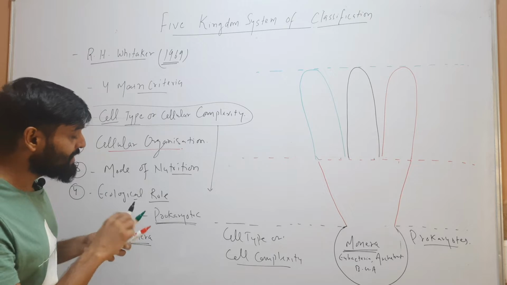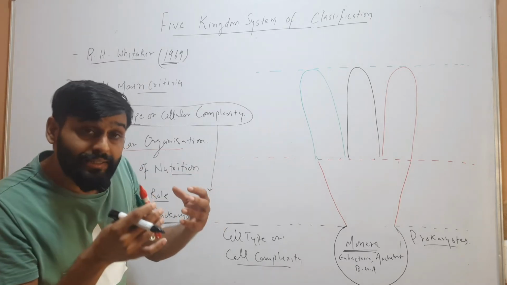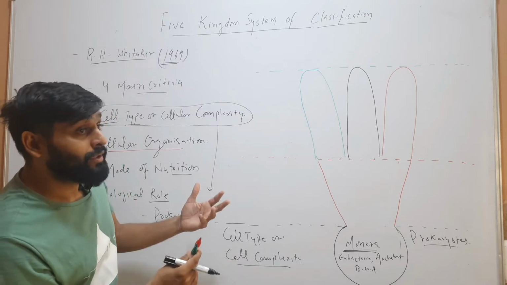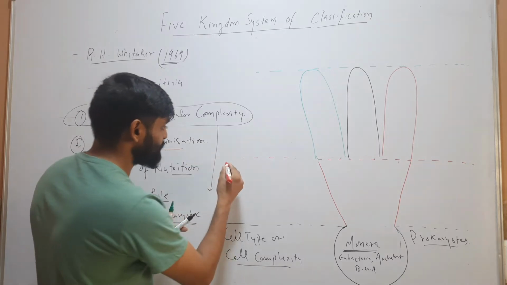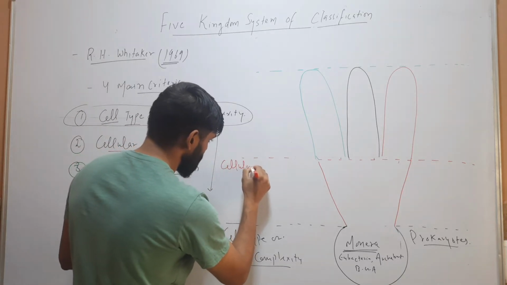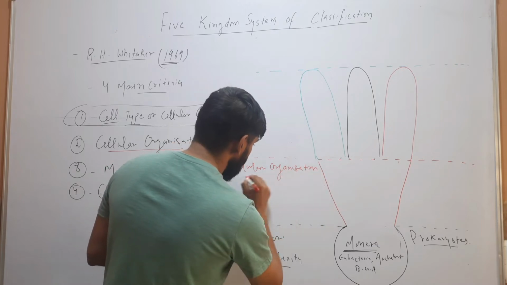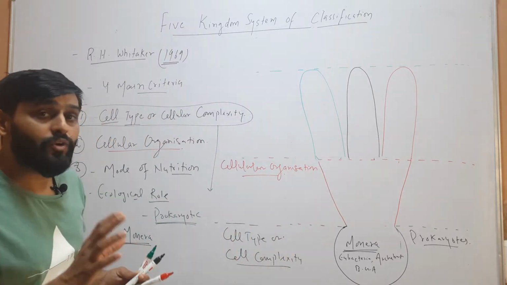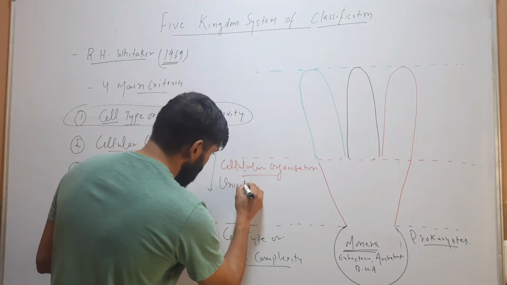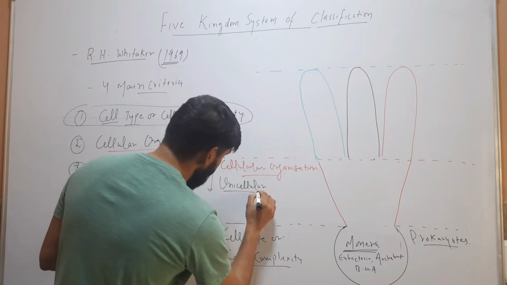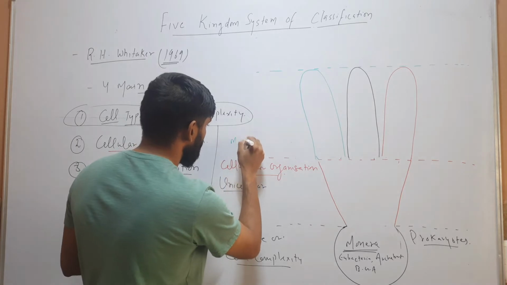Cellular organization means these eukaryotic organisms are either unicellular or multicellular. In cellular organization, there are organisms which are unicellular and there are organisms which are multicellular.